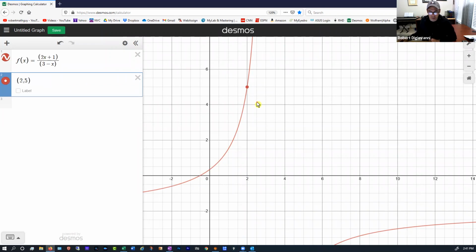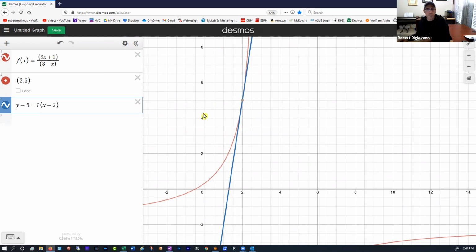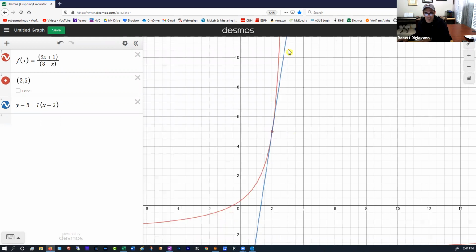That point right there. And we were trying to find the equation of the tangent line that went through that. And I got y minus 5 equals 7 times x minus 2. There it is. Y'all see that? We found the equation of the tangent line that goes through that point.